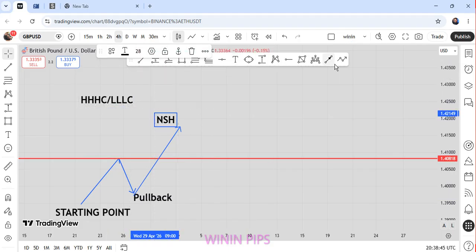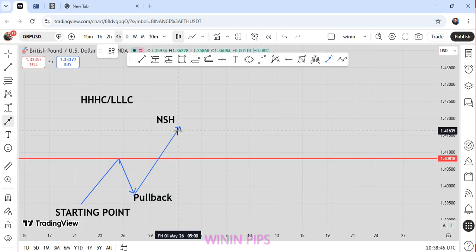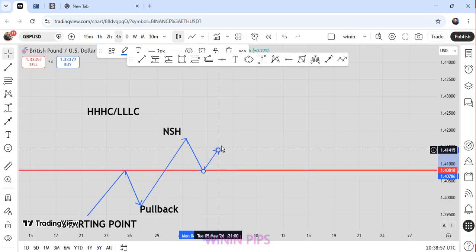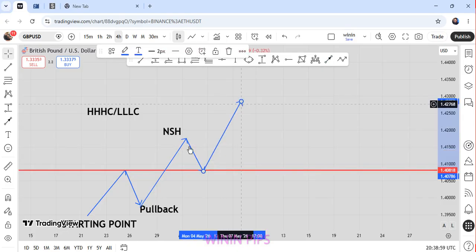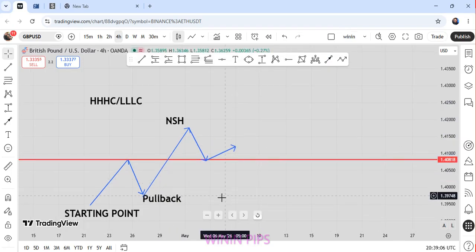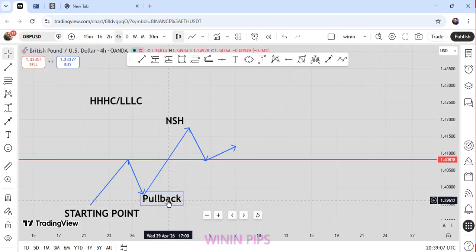Then pull back, then we go again. So since the market has pulled back here, this is our new pullback.